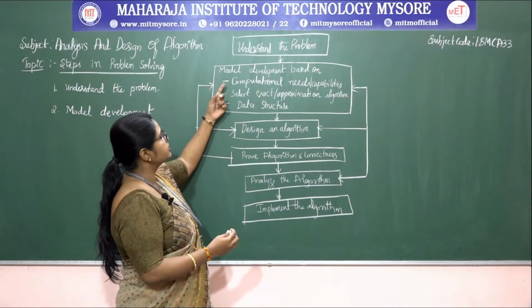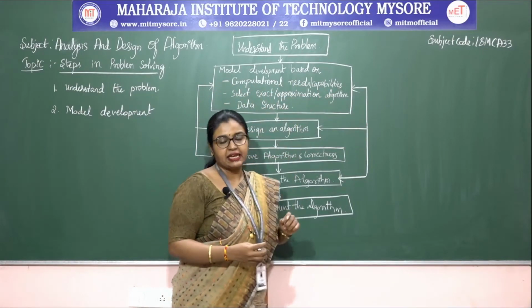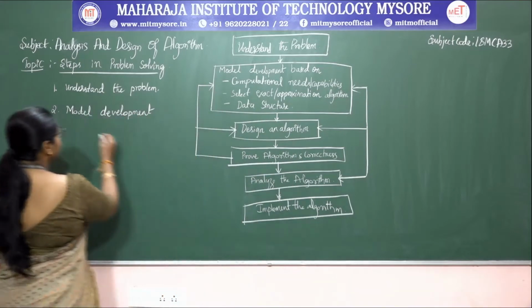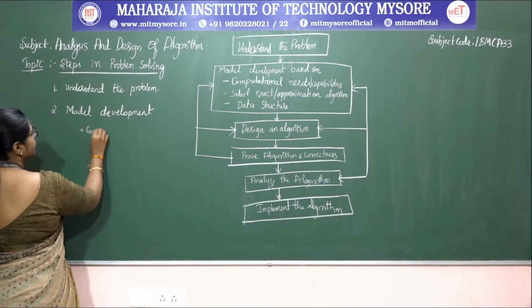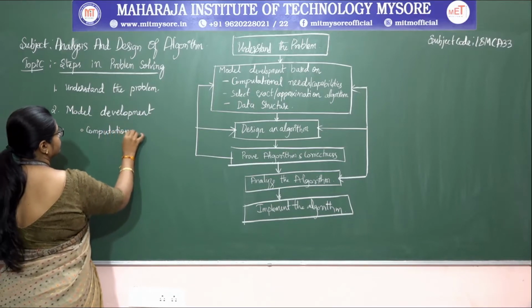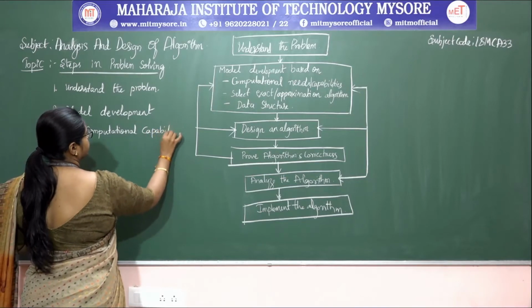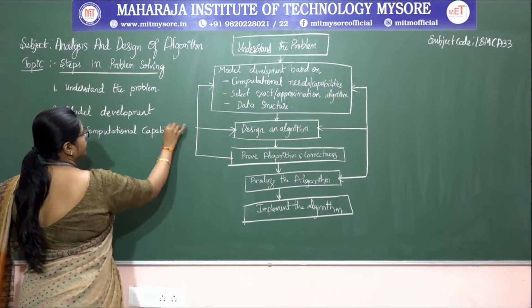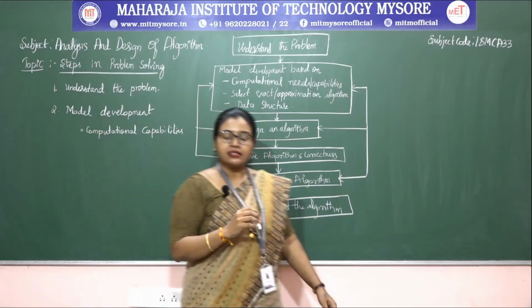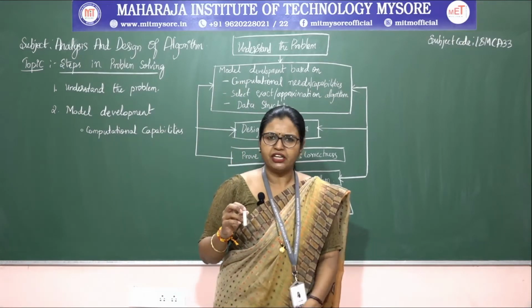The first one is the computational need or capabilities. Whenever we get the algorithm, definitely we need to program it.